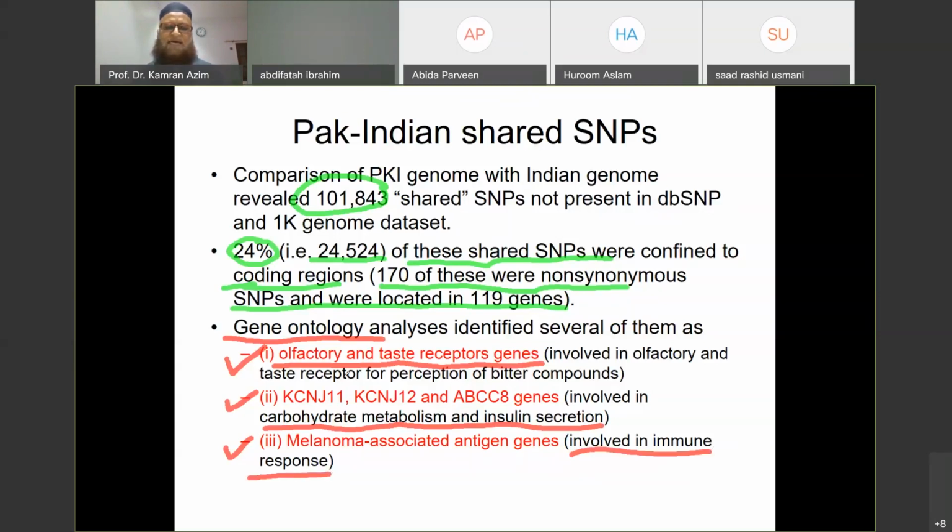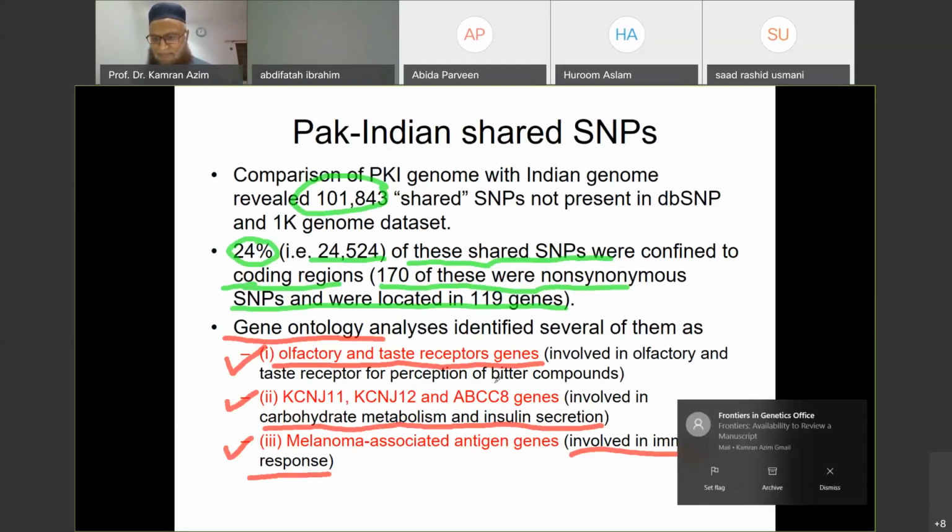So by analyzing two individual genome sequences from South Asia, from India and Pakistan, we were able to find some genes specifically involved in different functions related to metabolism and other biochemical pathways.